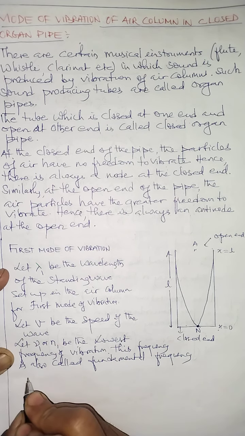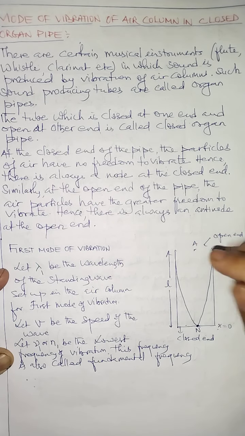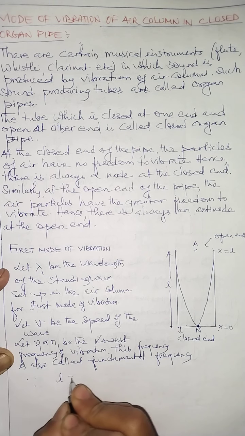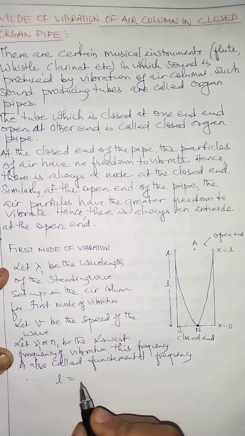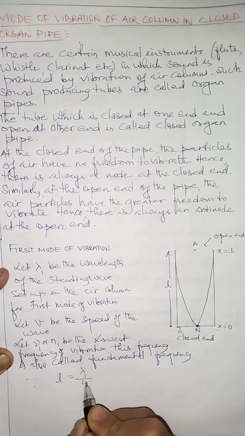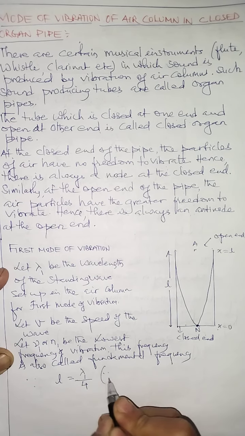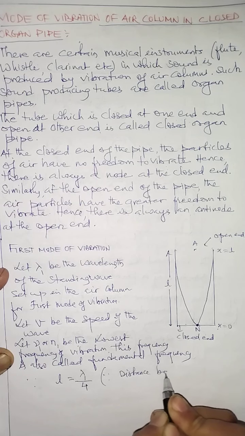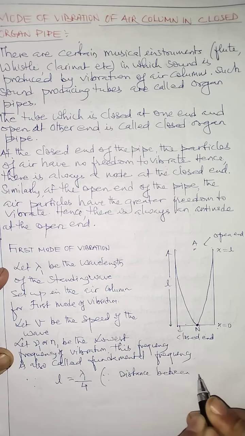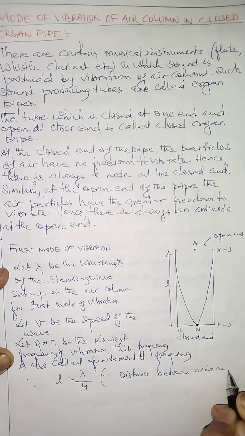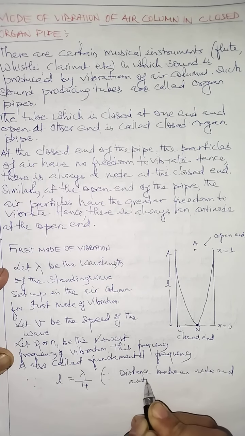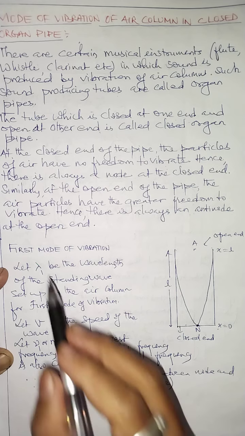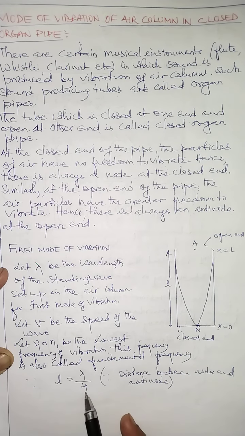Since the distance between an antinode and a node, as I said, is lambda by 4, that length is L equals lambda 1 by 4, where lambda 1 is the wavelength I consider. So this is nothing but the distance between a node and an antinode, which is always lambda 1, the wavelength of the wave, by 4.